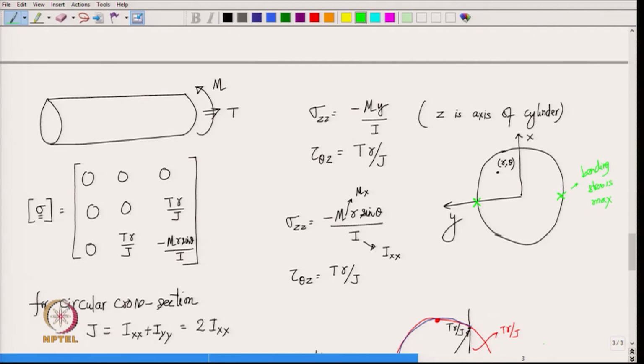And then the shear stress tau theta z, that is maximum everywhere on the outer periphery. So, tau theta z is max here. So, overall these are the 2 points which are the critical points, right, where the failure is going to happen first.